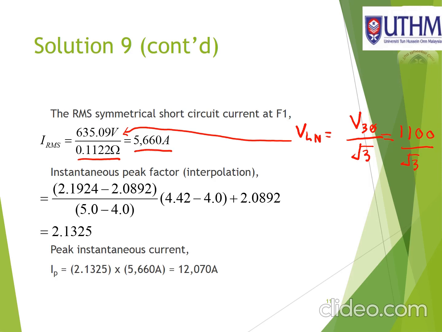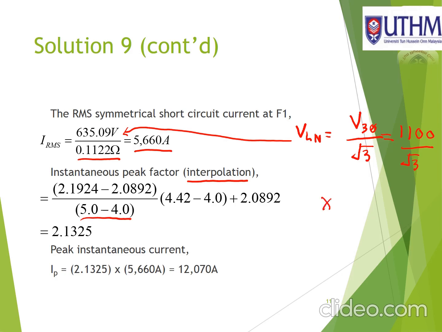And then we have to calculate the instantaneous peak factor. This one is by using interpolation, already explained in part 2A. You have to refer to the table to get the instantaneous peak factor for 5 and 4, because we know that the X/R ratio for this system is 4.42.